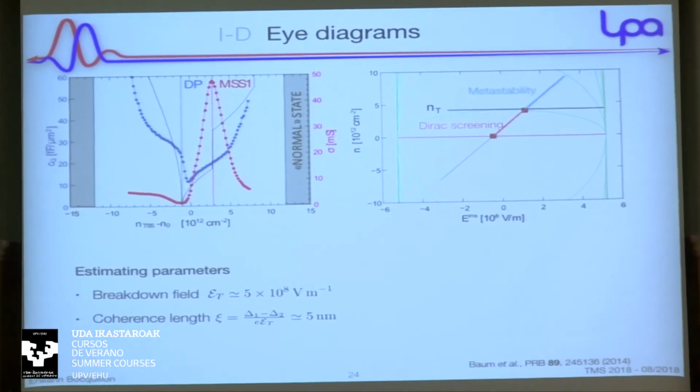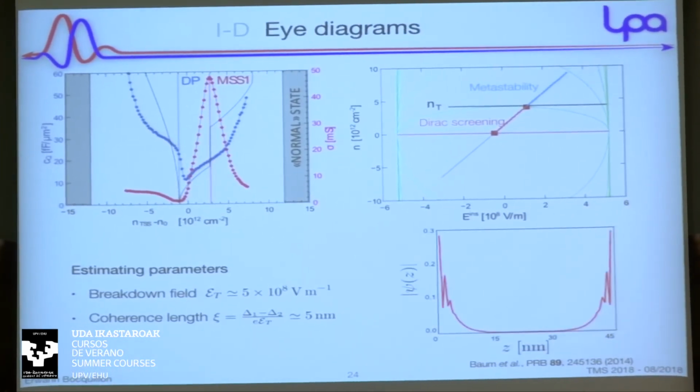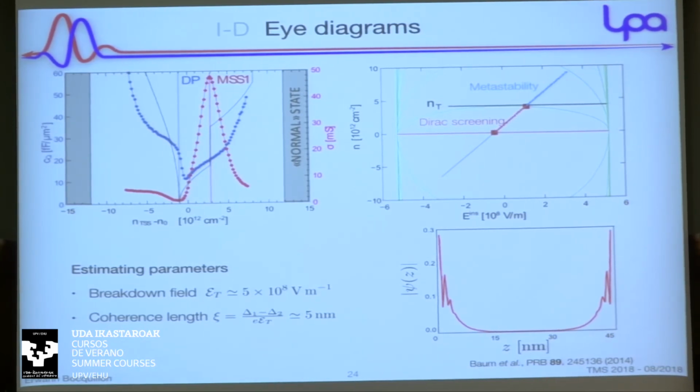And 5 nanometers is really something realistic, because if you look at, for example, k·p calculations that calculate how thick the wave function is, you see that the wave function usually extends over a few nanometers. So this is 0 and this is 15 nanometers. So it is not unrealistic to think that these surface states correspond to a coherence length on the order of a few nanometers, and that this is actually the new Volkov-Pankratov state I mentioned earlier.